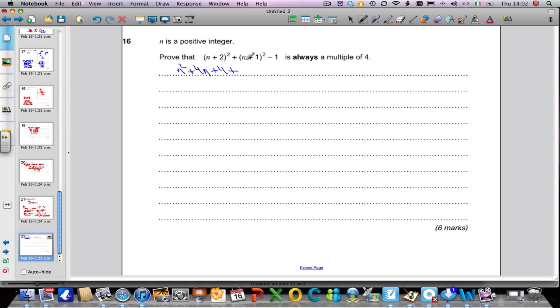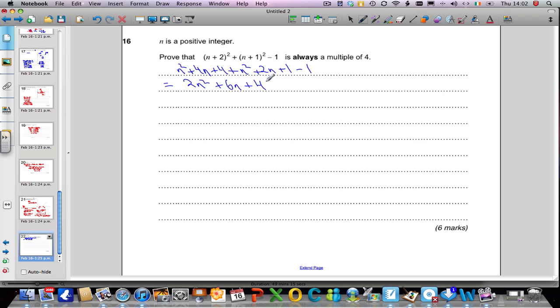And I'm going to add, expanding this now, n squared plus 2n plus 1, and then we're taking away 1. So tidying all that up, we get 2n squared, 4n and 2n is plus 6n, and plus 4. So that's what we have there.